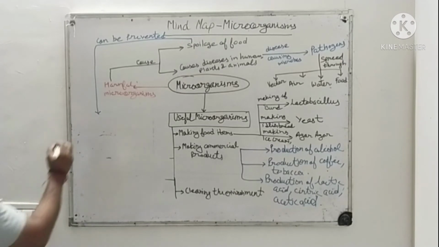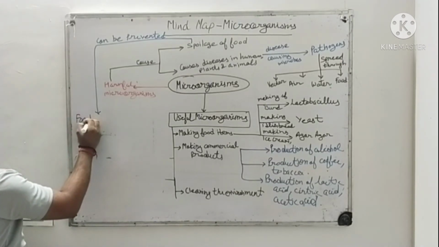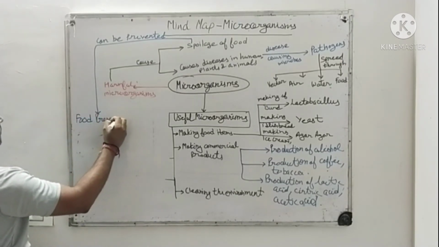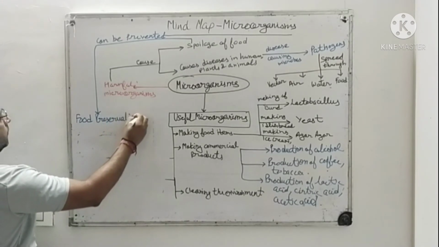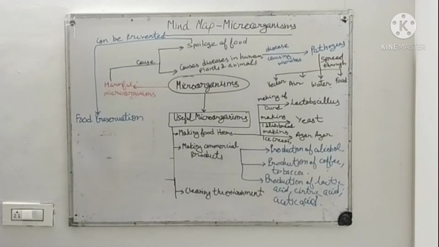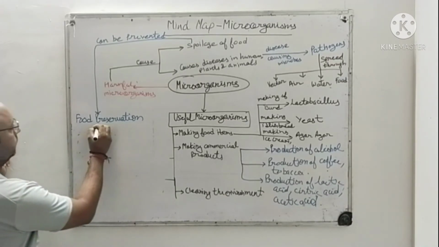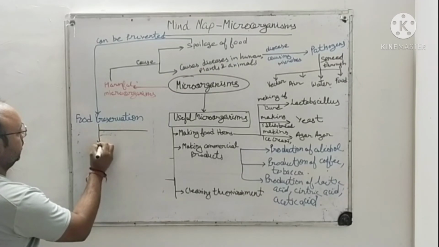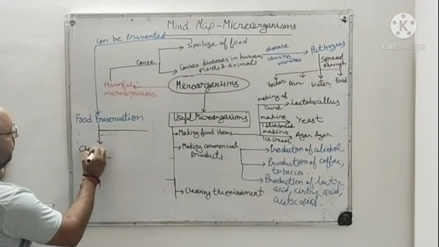How can it be prevented? By this method, that is food preservation. We can protect our food from being spoiled. So now we are going to discuss the various methods which are used in food preservation, right? So first one, let us start from here, chemical method.